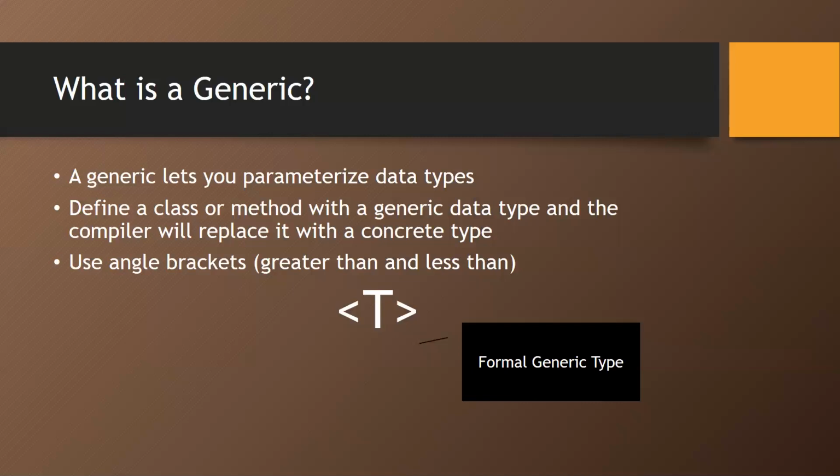So I can put this angle bracket T in my code, and the compiler is going to replace that angle bracket T with whatever data type is appropriate. So the T is actually referred to as the formal generic type. And when the compiler does that replacement, that's called generic instantiation, because we're instantiating or determining what this generic data type is going to be for our run.